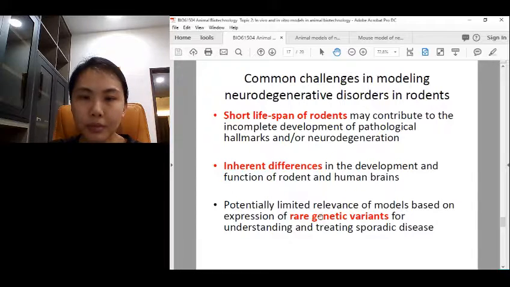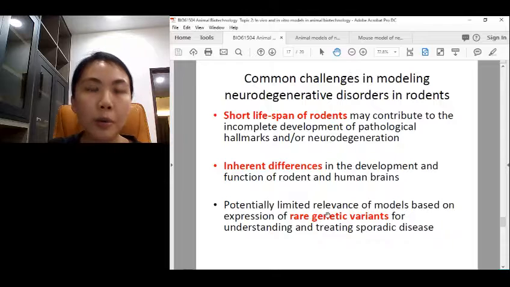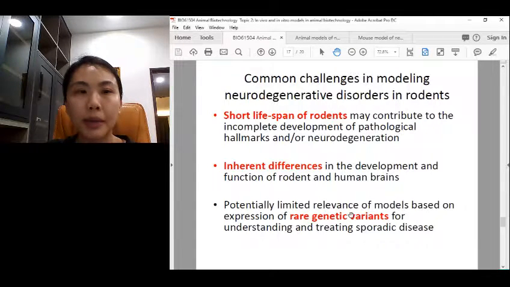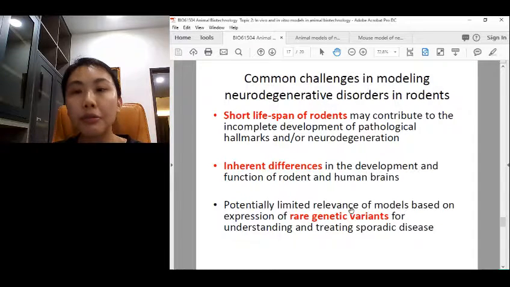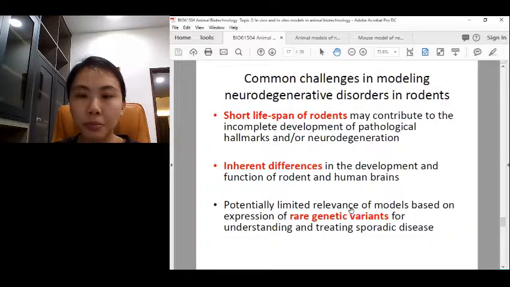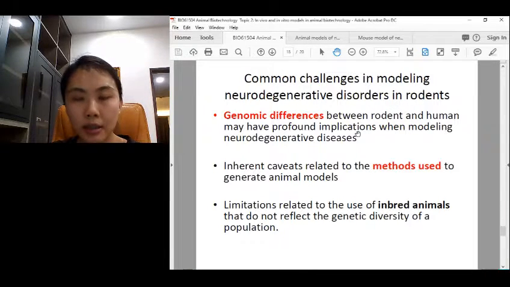And there might be some limited relevance in terms of the very rare genetic variants for understanding and treating the sporadic disease. Some patients might have different genetic causes, which are rare differences in the genes that cause the mutations, which is very difficult to replicate in the mouse. Of course, the genome differences between rodent and human may have profound implications when modeling the disease, okay?